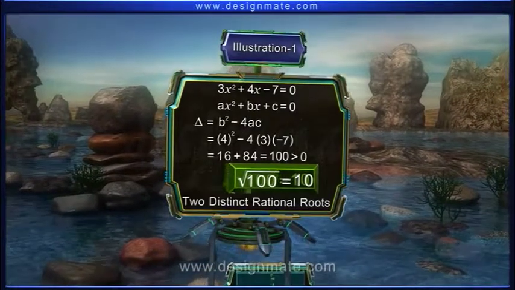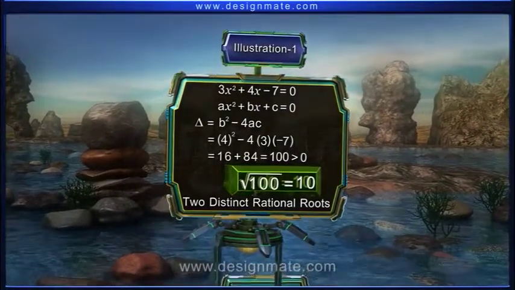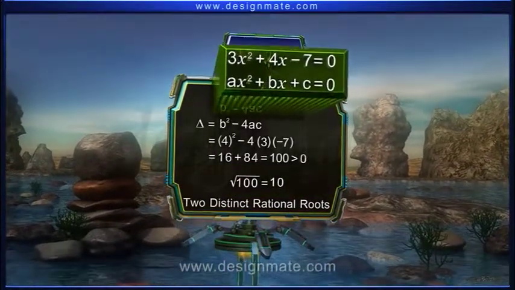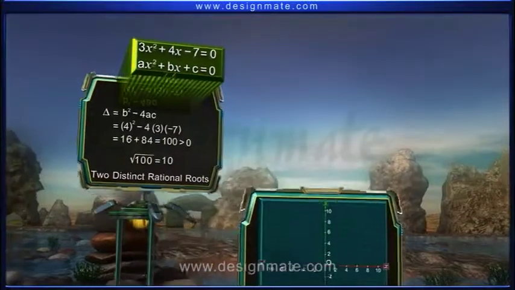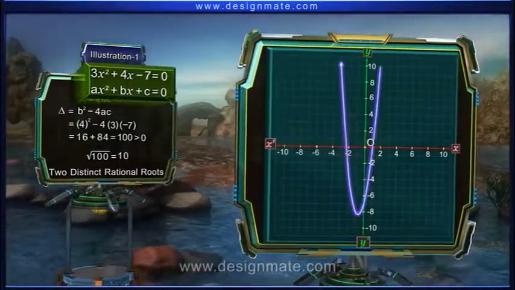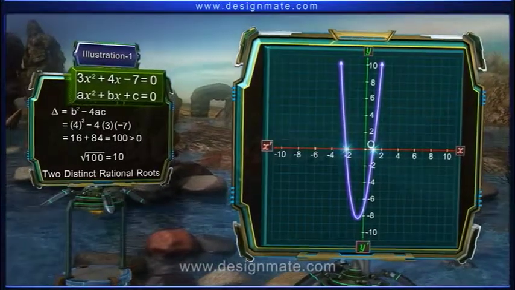Square root of 100 is 10. Thus, the equation has two distinct rational roots. Since a = 3 is greater than 0, the graph of this quadratic function will be an upward opening parabola intersecting the x-axis at two distinct points.